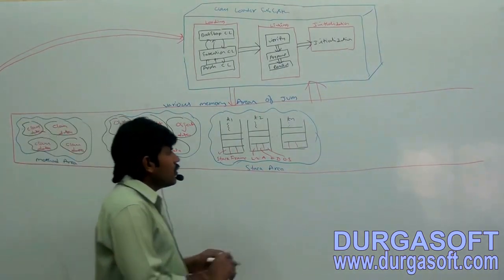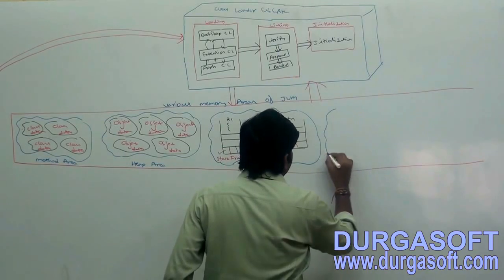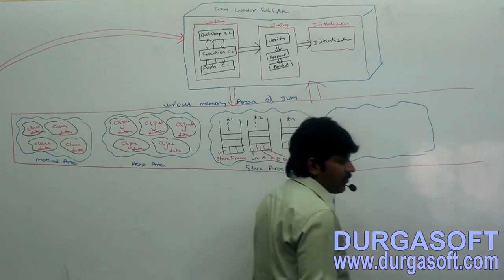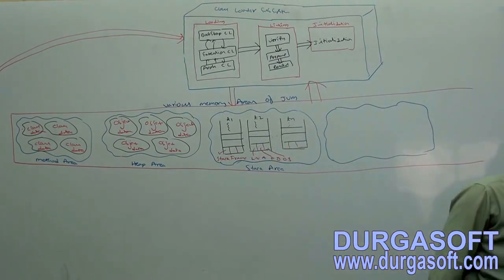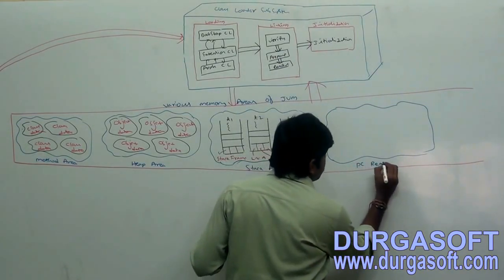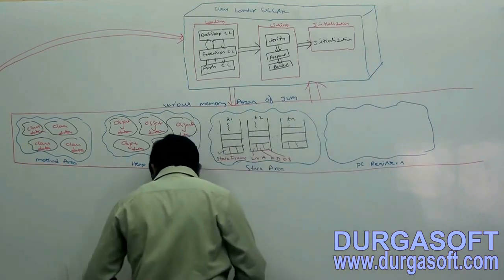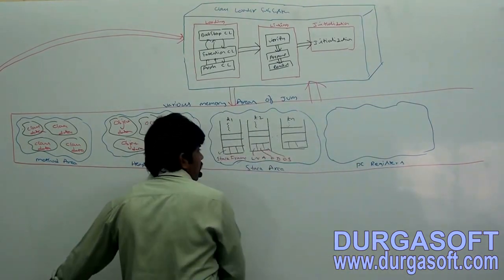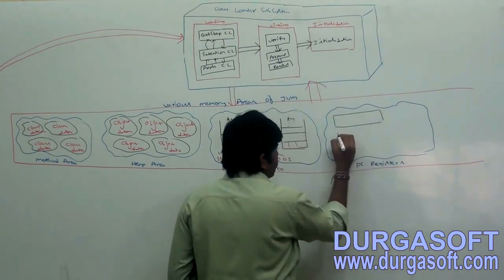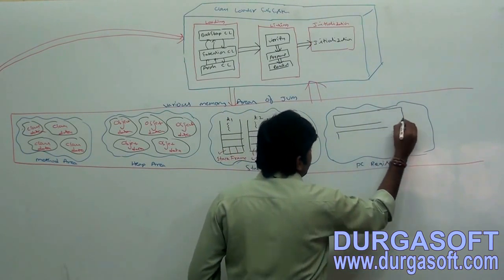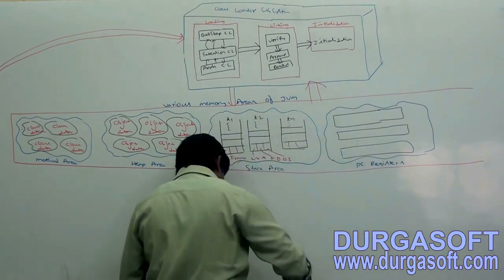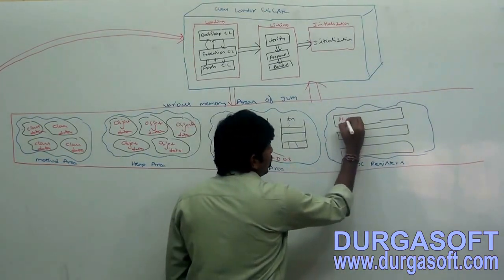Now the fourth memory area. What is the fourth one? PC registers. This is PC register for thread 1, PC register for thread 2, PC register for thread n.